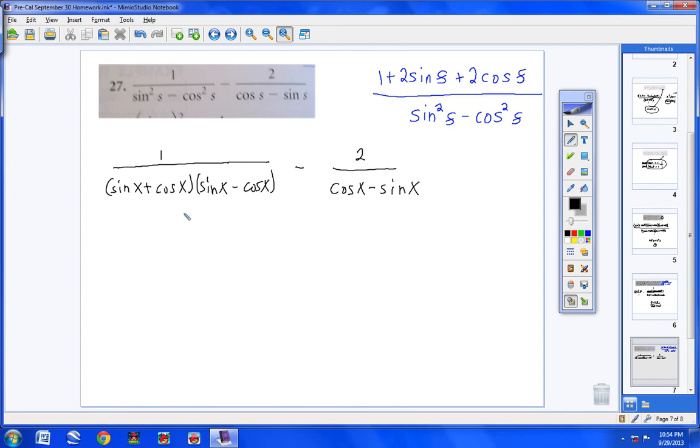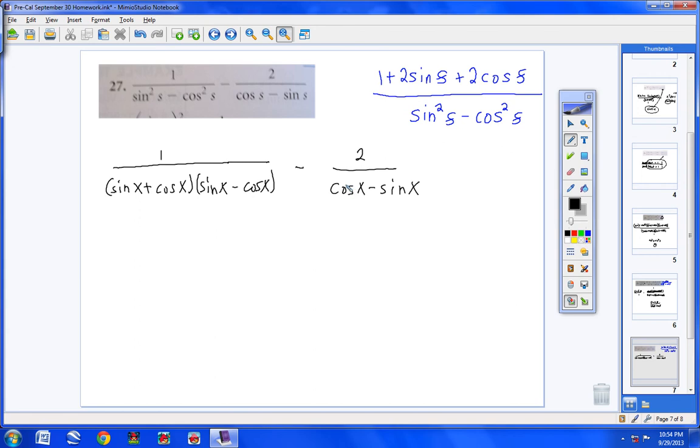Now, please listen carefully, students. I want to help you. Look, we're trying to find a common denominator, and it sure would be a lot easier if I had sine minus cosine, and if I also had sine minus cosine over here. Do you see that? But I don't. I have cosine minus sine. Now, you can change all of the signs in the denominator as long as you change all of the signs in the entire fraction.